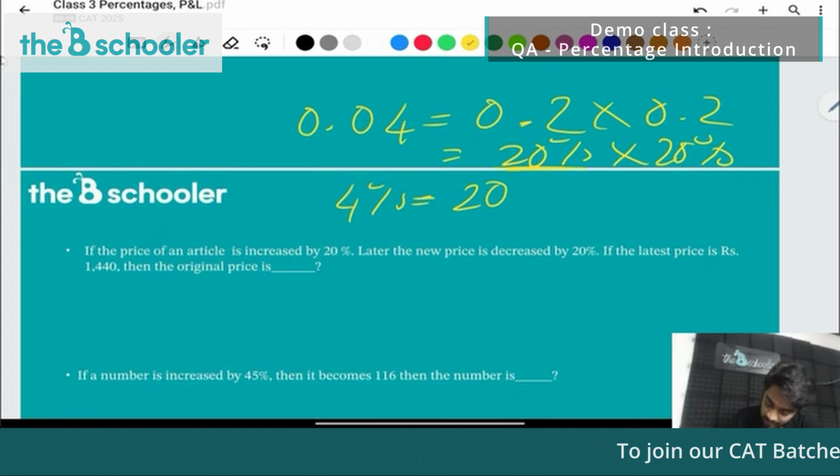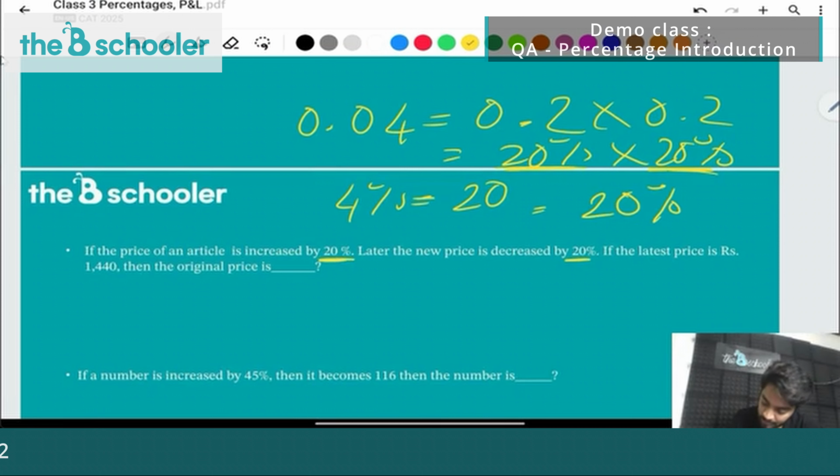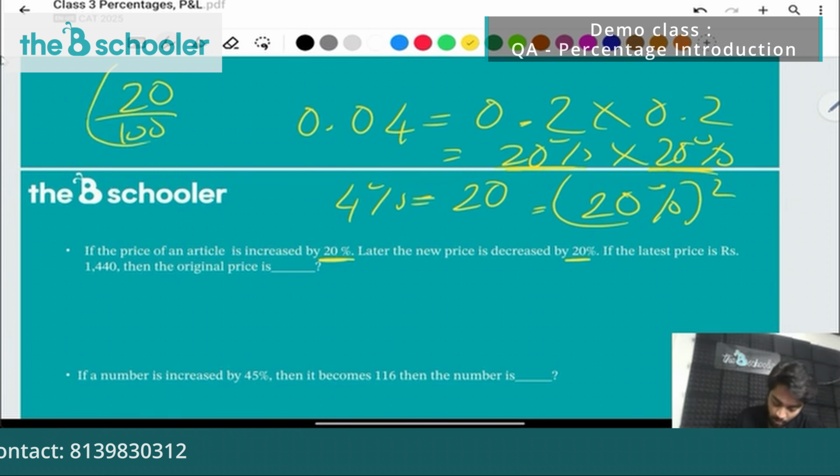This 20 percentage is coming from the initial increase of 20 percentage. This decrease is coming from the decrease of 20 percentage. That means it is nothing but 20 percentage square, or (20 by 100) square.